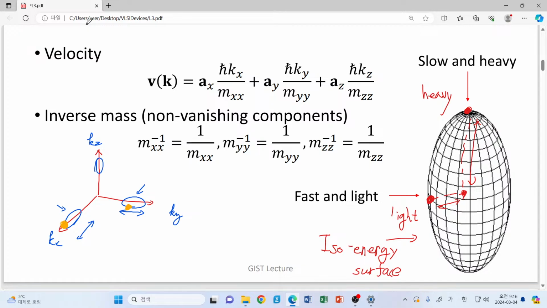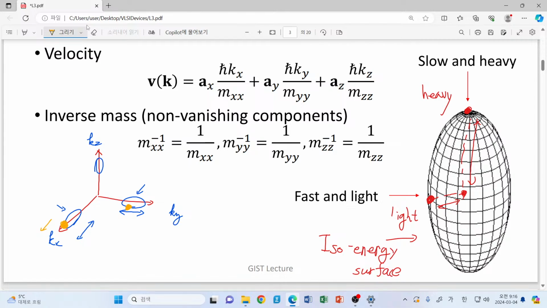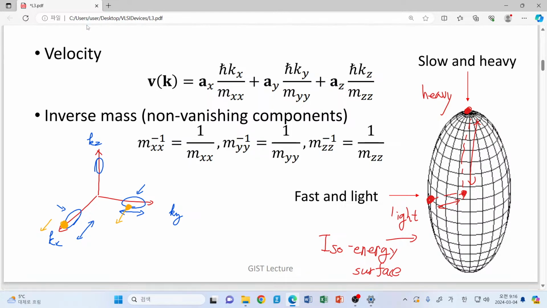Then what I wanted to ask you is whether this one has a higher x-directional velocity or this one has a higher x-directional velocity. The answer is, when they have the same energy, since this one has a light mass and this one has a heavy mass, we can understand this one will contribute heavy mass.